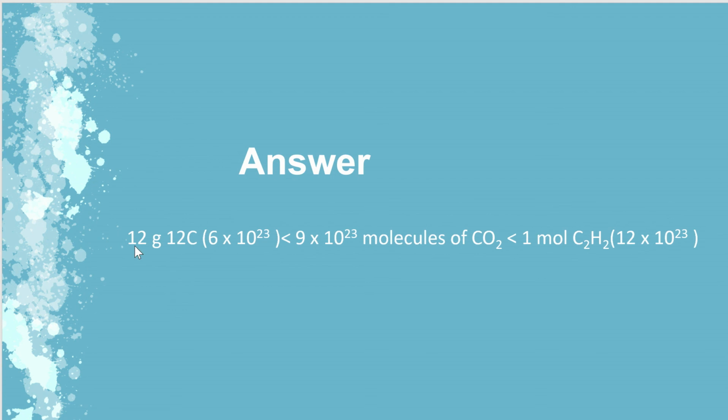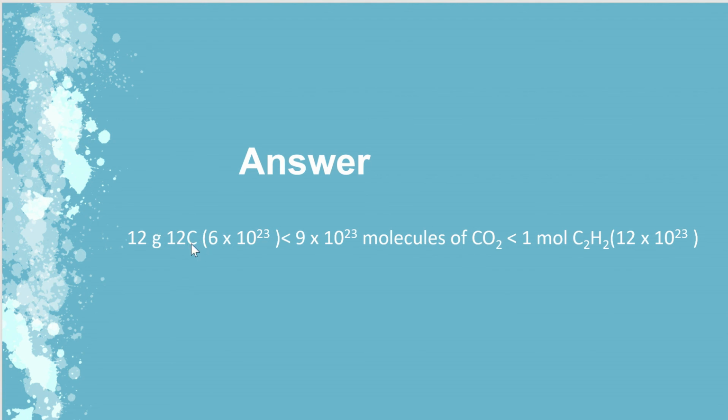So here for our carbon, 12 grams of carbon 12 would be equal to 6.02 times 10 to the 23, right? And we already have in the question that we have 9 times 10 to the 23 molecules of carbon dioxide. So that is 1 carbon. This is not 12 carbons.